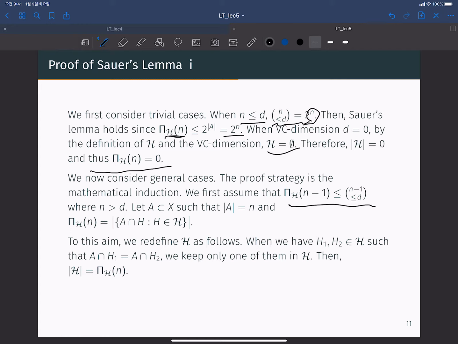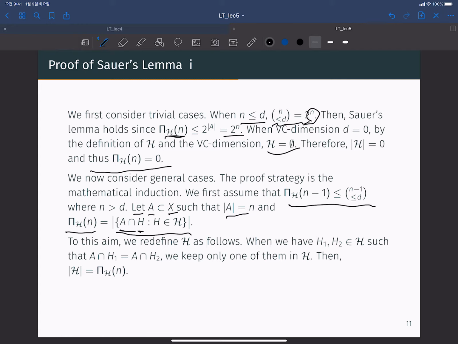So to this end, let's define A, which is a subset of input domain X, having a set size n. And we say this is the best case subset, which makes the growth function equal to the cardinality of the set defined by the overlap between A and each hypothesis.